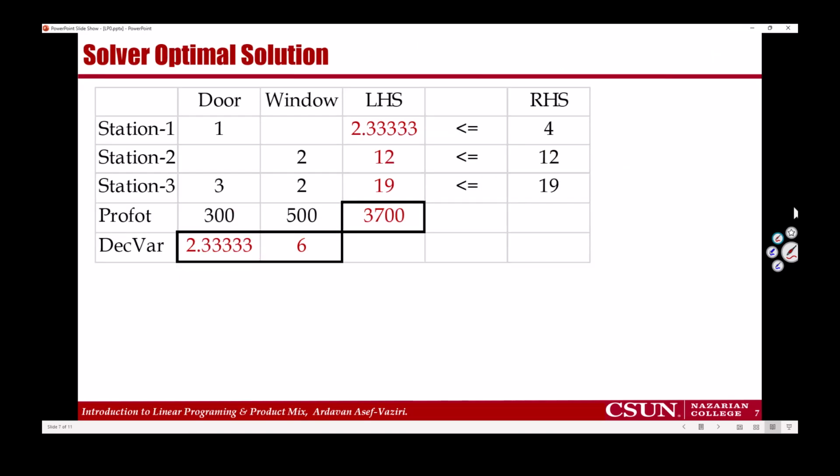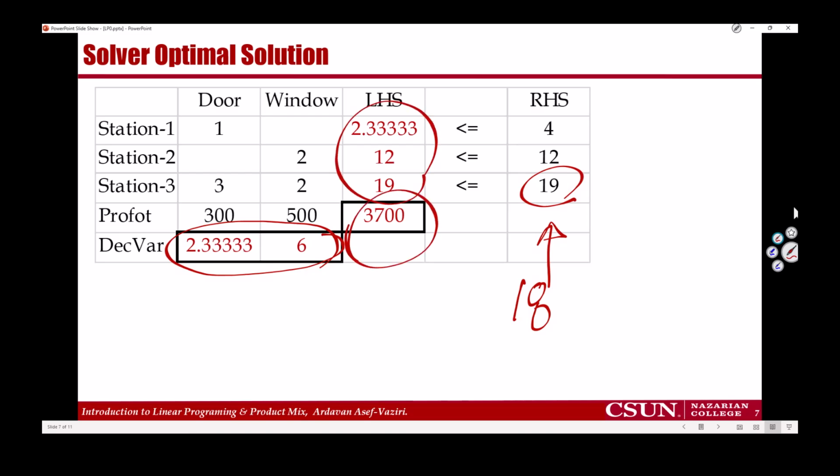What if we change the previous 18 to 19? In this case, this is our product mix, this is our left-hand side, and this is our profit. In this case, we are willing to pay up to $100 for one additional unit of resource 3.